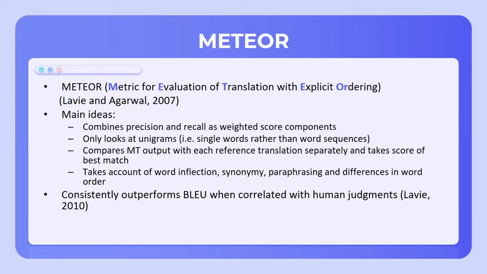It compares MT output with each reference translation separately and takes the score of the best match. And it takes into consideration word inflection, synonymy, paraphrasing, and differences in word order. So it consistently outperforms BLEU when correlated with human judgment.